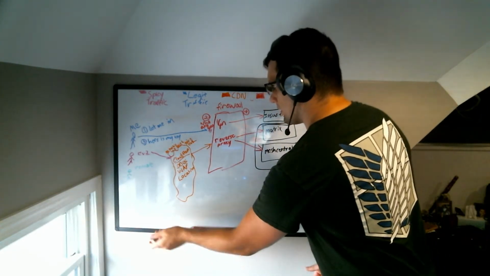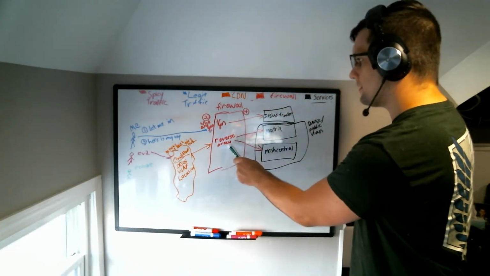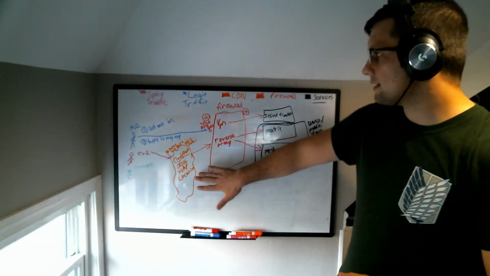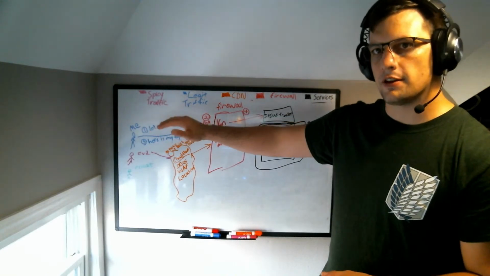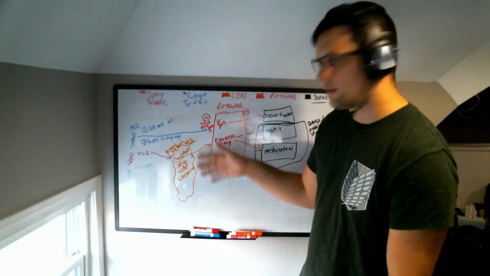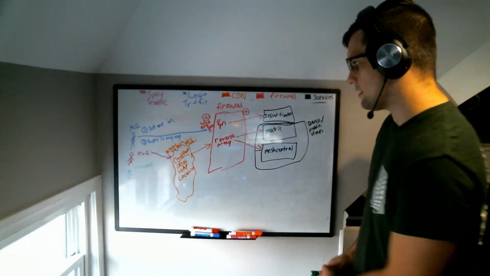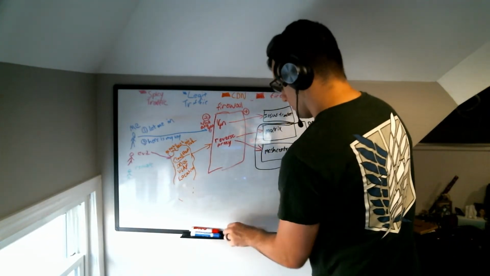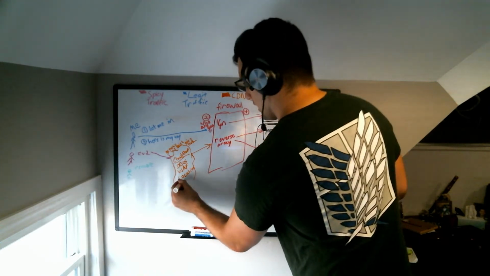So the evil user gets blocked at Cloudflare. It never even touches the firewall. So here, instead of putting client software to verify the users, we're using Cloudflare's knowledge base and all of their rules to verify that they're evil. So we can actually shorten this up and put some dots.